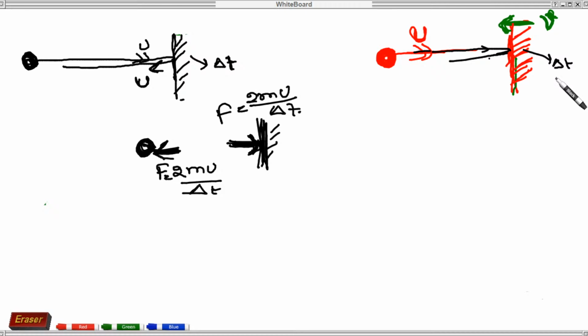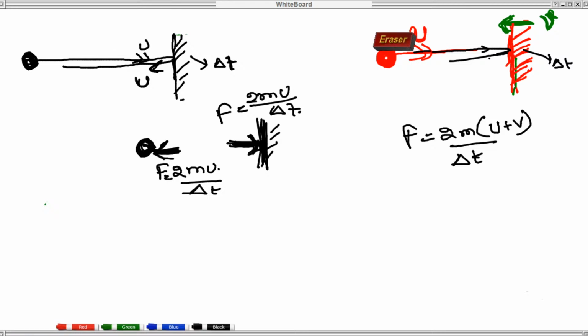So what would be the force? Earlier we had 2mu over delta t. Instead of u, you are going to write u plus v, or leave it, because that depends upon the situation. But we are considering the ideal situation.